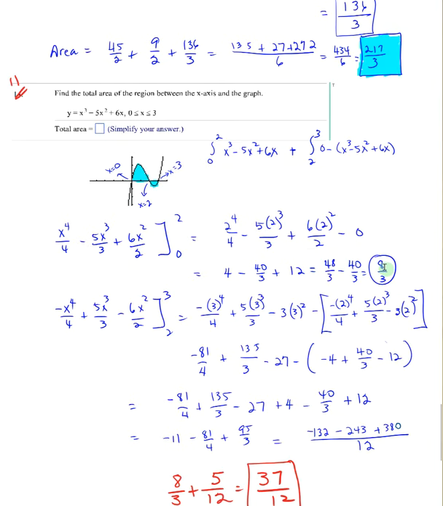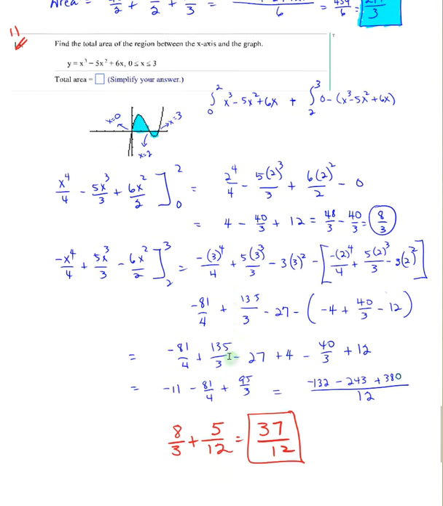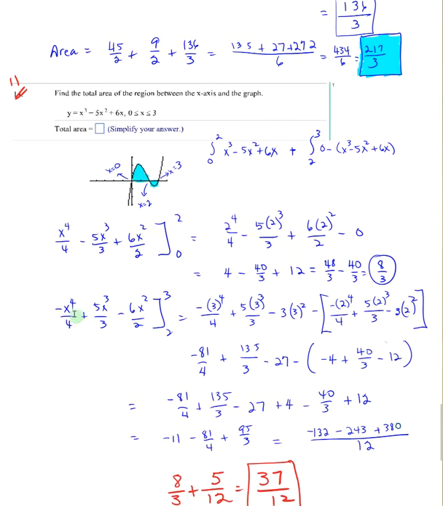That's the first one. The second one, this became negative, that became positive, that became negative. You're still integrating, but you are integrating from 2 to 3. So you're going to plug in 3, then you're going to have a subtraction, and you're plugging in 2.